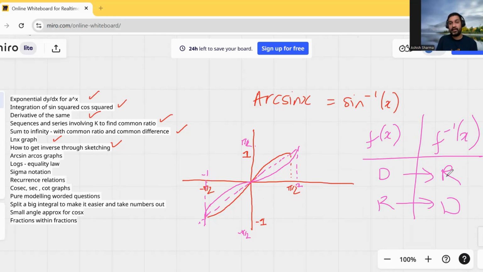The range of arc sine is between minus pi over 2 and pi over 2. The range of the original function was between 1 and minus 1. That becomes the domain of the inverse. And that makes sense. You can only arc sine values between minus 1 and 1. Okay, you can't go beyond that. Again, your textbook has the graphs of arc cos and arc tan. Arc tan is not very likely to turn up, but nonetheless, it's there.